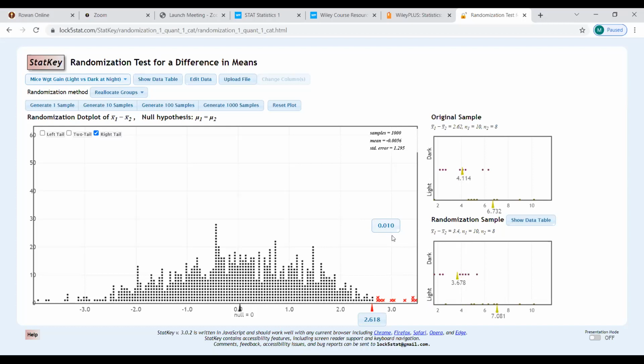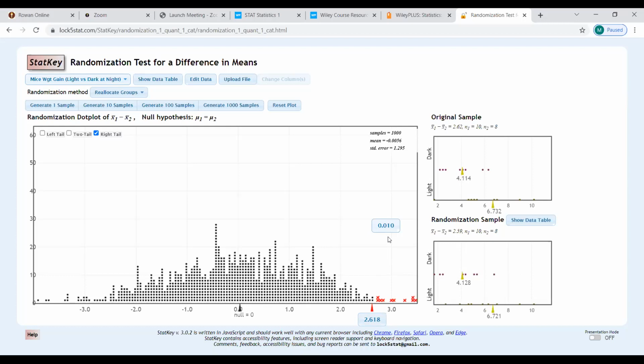So in many circumstances, as you'll find out, we'll end up saying, well, if the true difference in these two means is 0, but we got a sample that has a difference in the means of 2.618, then the chance that this particular sample is just normal variation, normal chance, when the difference in the means is 0, the probability of that happening is 1%.